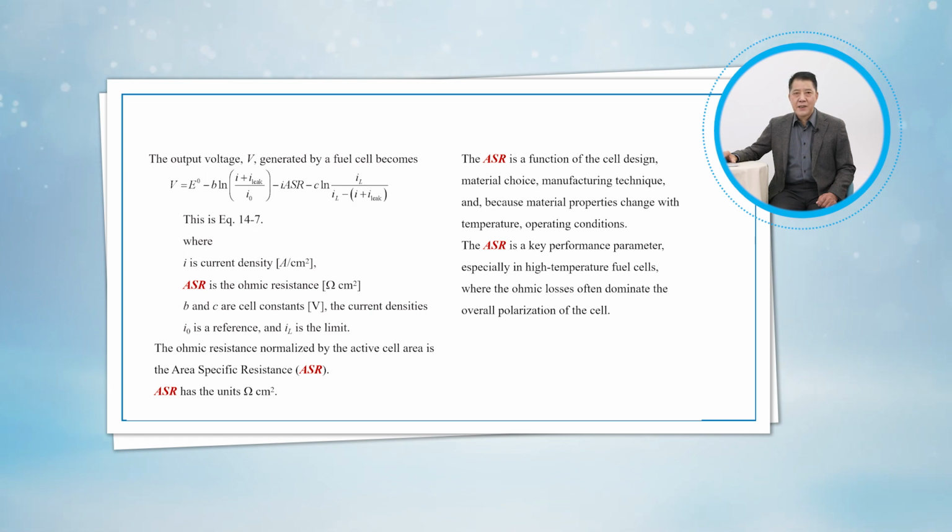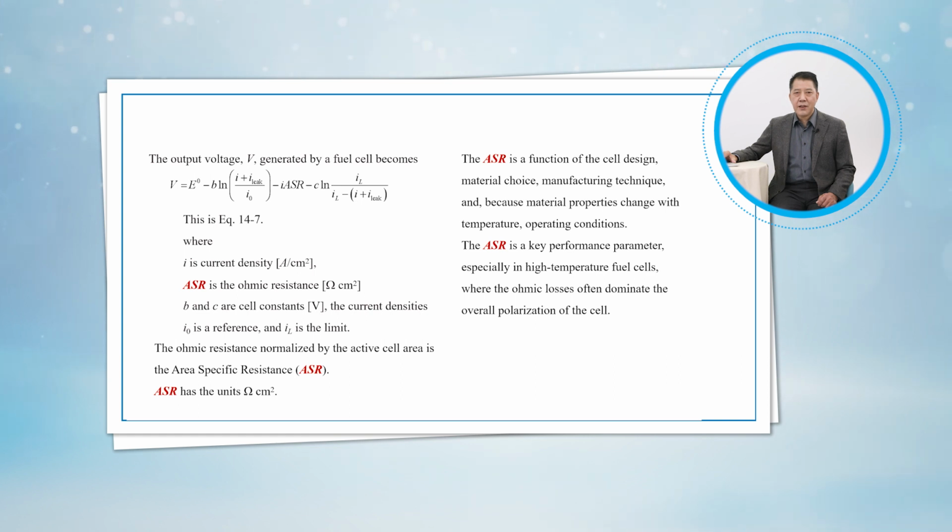The area-specific resistance is a key performance parameter, especially in high-temperature fuel cells, where the ohmic losses often dominate the overall polarization of the cell.